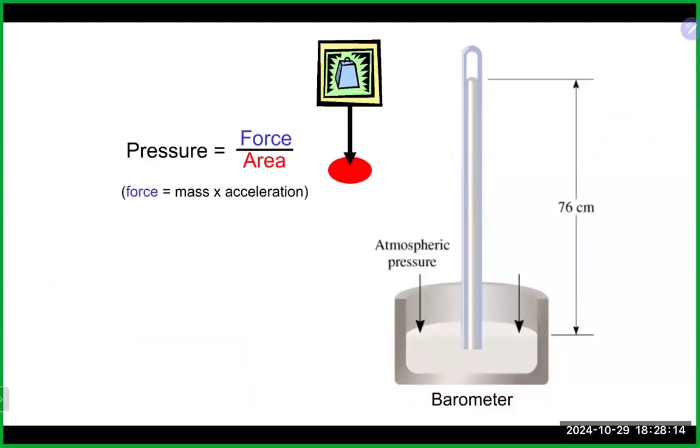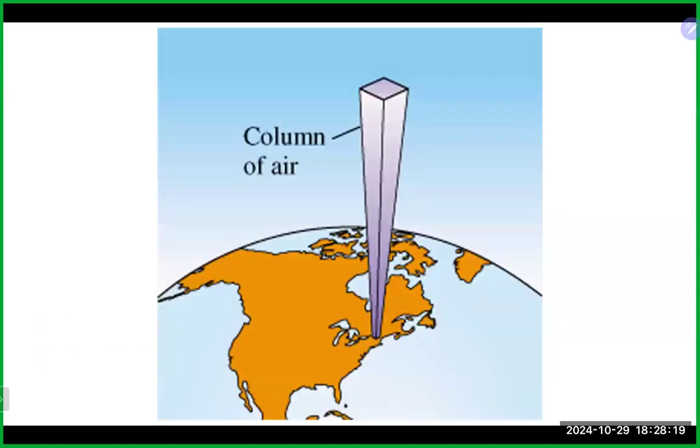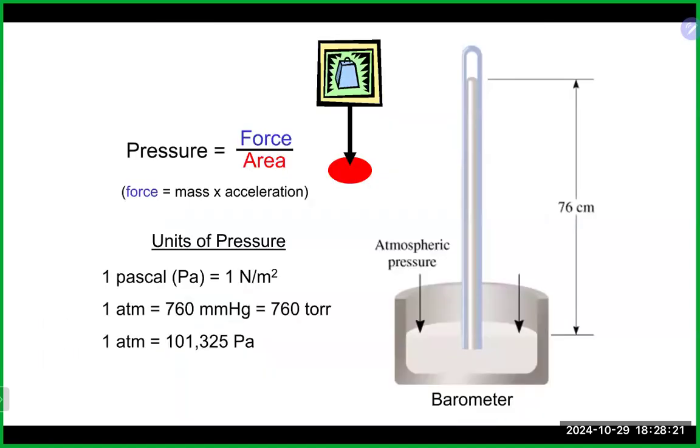Now, we do measure pressure, which again, as I mentioned, is a common unit of gases and pressure. And there are a few different sort of units that we use. This right here is a barometer, classic barometer. A classic barometer usually would have mercury in it and a glass tube.